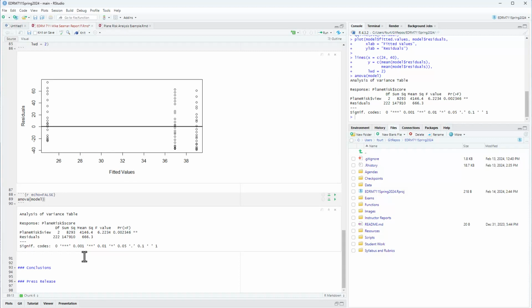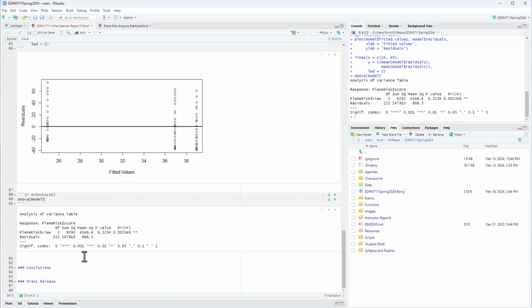You might ask, well, why? Why am I showing this in the report where I haven't showed others? Well, in other outputs, such as the summary for the model for multiple regression, you're getting a whole lot of additional stuff that you're not talking about in your report. Number one. Number two, you would never see output like that in a journal article, but you do see analysis of variance tables in a journal article.